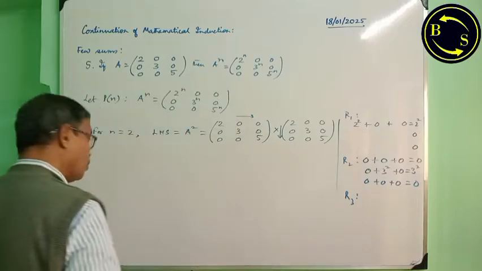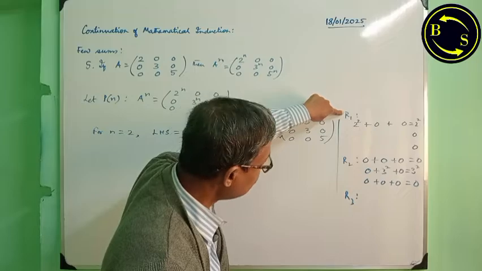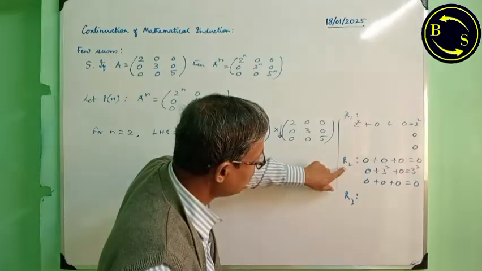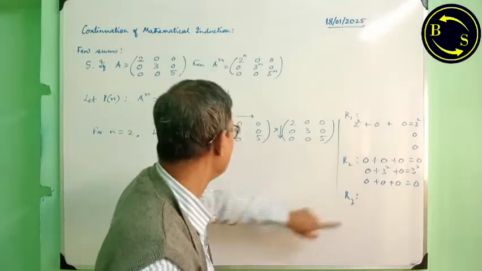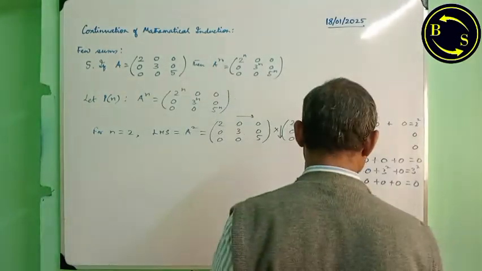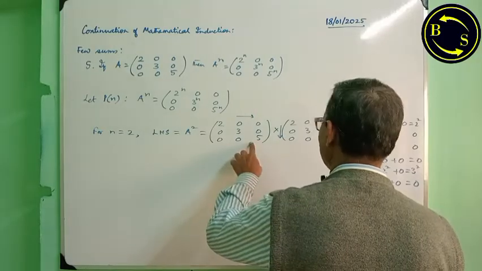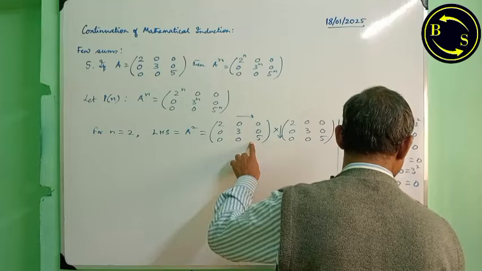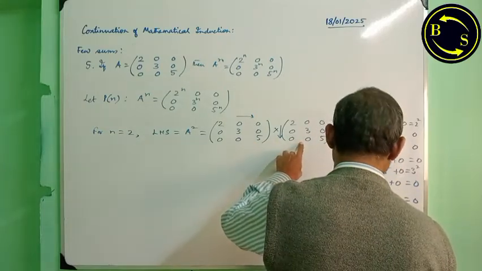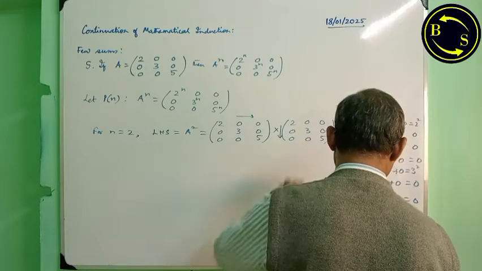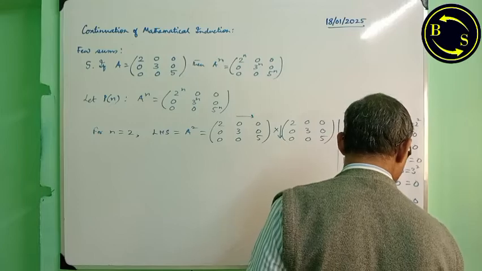Now for the third row, I have mentioned first R1, that means first row, then R2 means second row, then R3 means third row. The first element will be 0 plus 0 plus 0 means 0, then 0 plus 0 plus 0 equal to 0, then 0 plus 0 plus 5 square equal to 5 square.